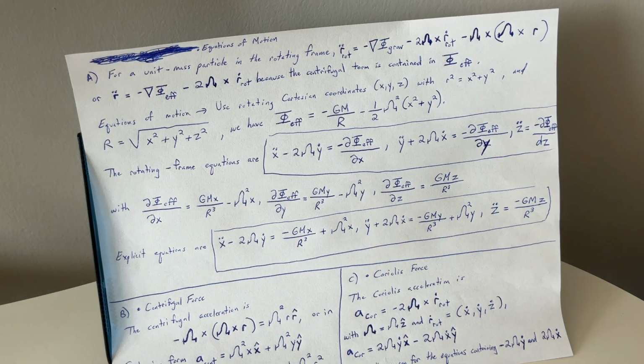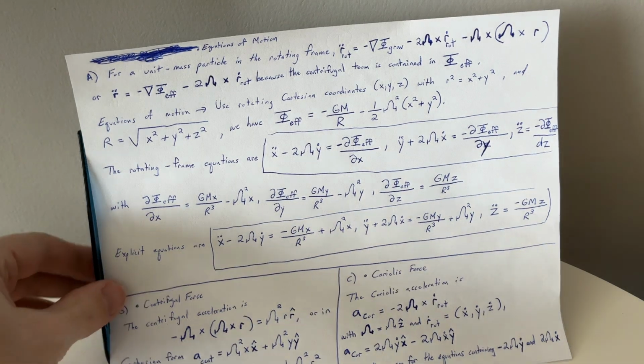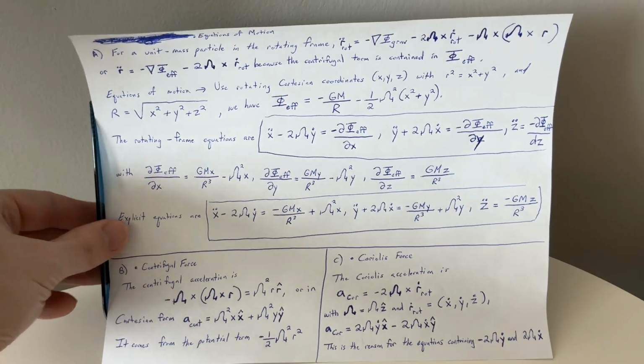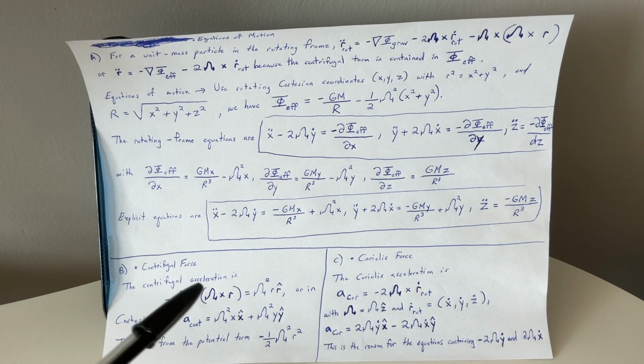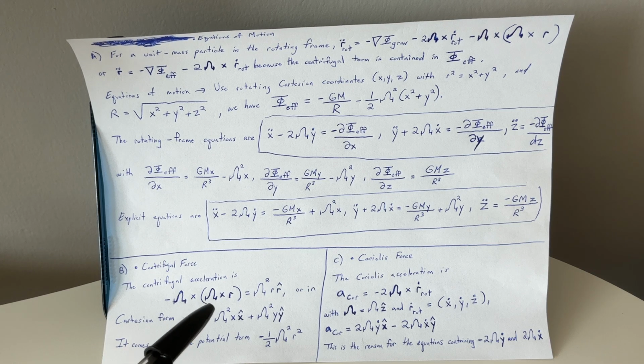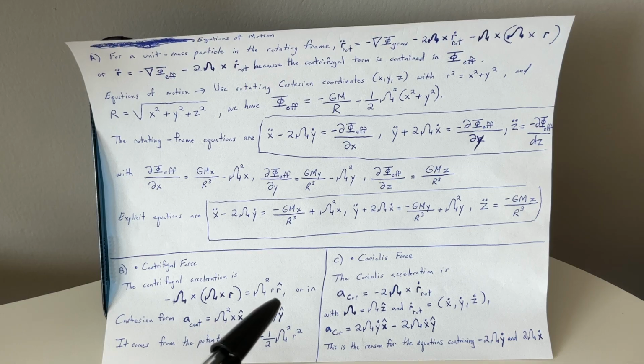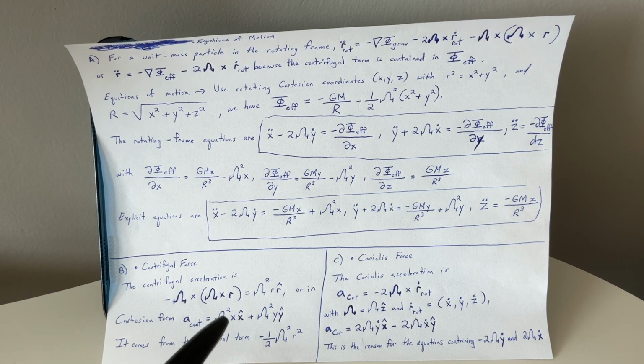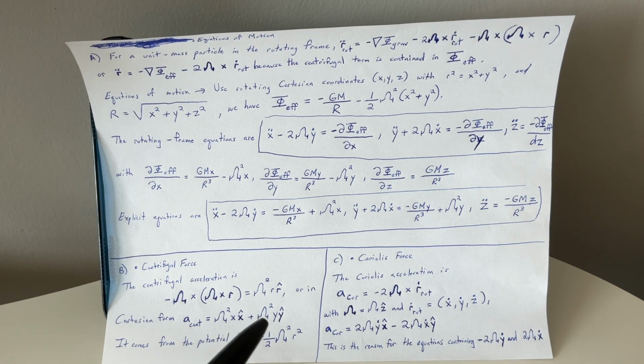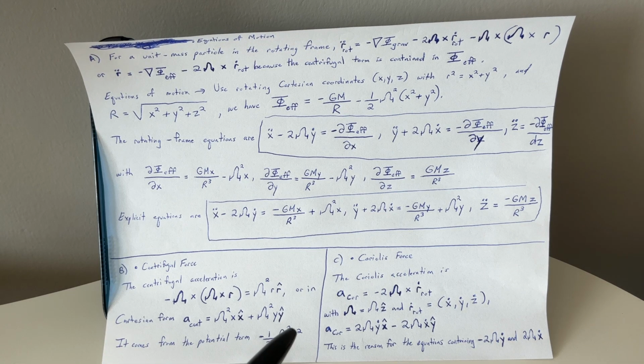So the centrifugal acceleration is negative omega vector crossed with the cross product of omega vector cross r vector, which equals scalar omega squared r hat, or in Cartesian form, a sub cent equals omega squared x x hat plus omega squared y y hat. And this comes from the potential term negative 1/2 omega squared r squared.